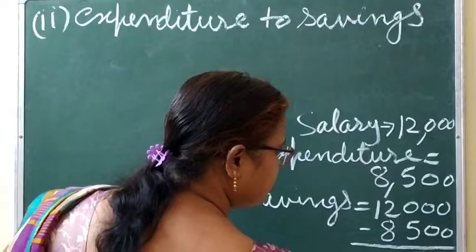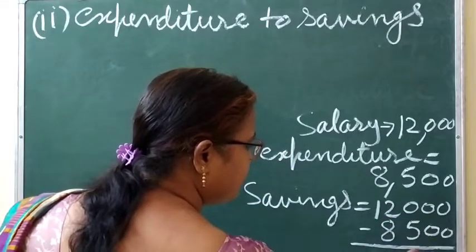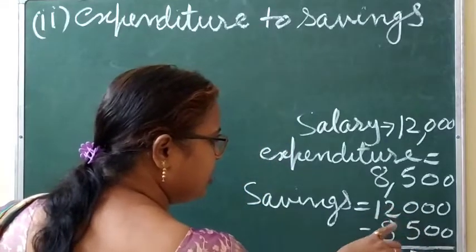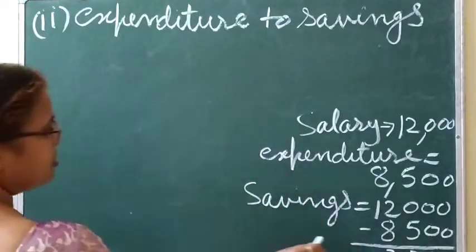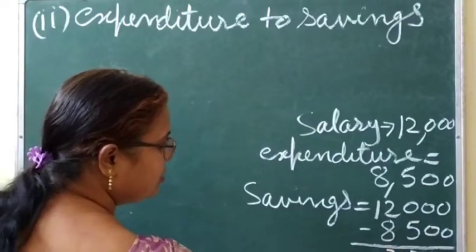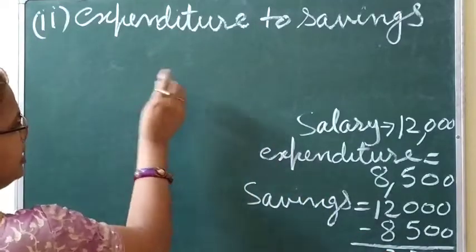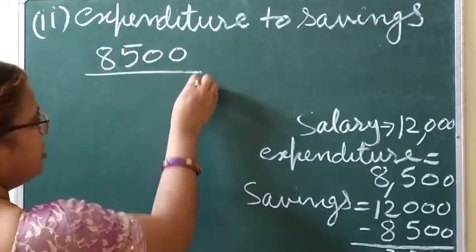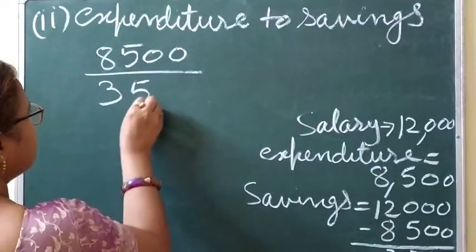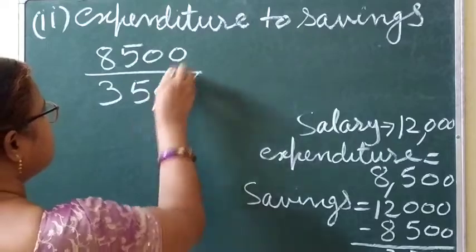So 0, 0, 0, 0, 0. 10 minus 5, 5. Then 11 minus 8, 3. So 3,500. So savings is 3,500. Expenditure is 8,500 and savings is 3,500. Now cancel 0, 0.